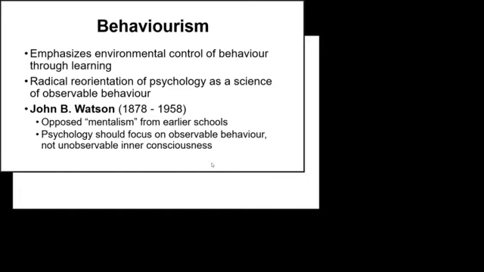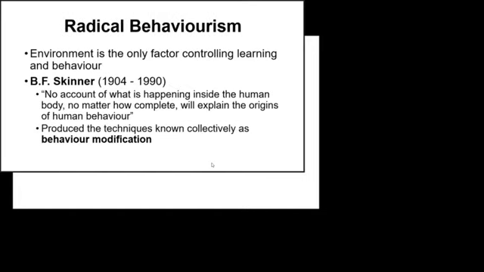And in fact, we can take it one step further and look at radical behaviorism. This is an interesting one because, again, it happened a lot more recently than I would have thought. But radical behaviorism said that the environment is the only controlling factor in terms of learning and behavior.